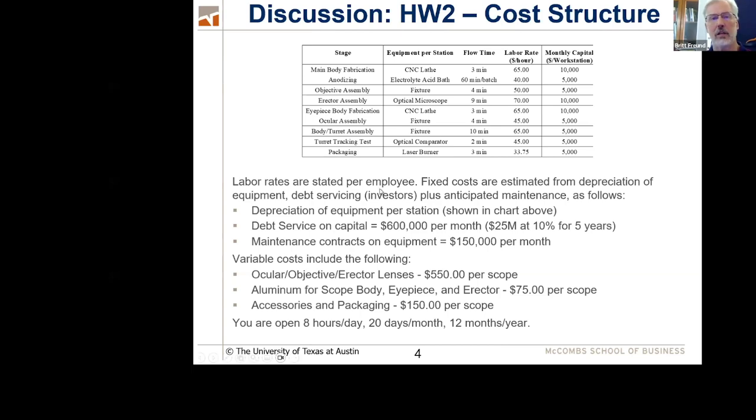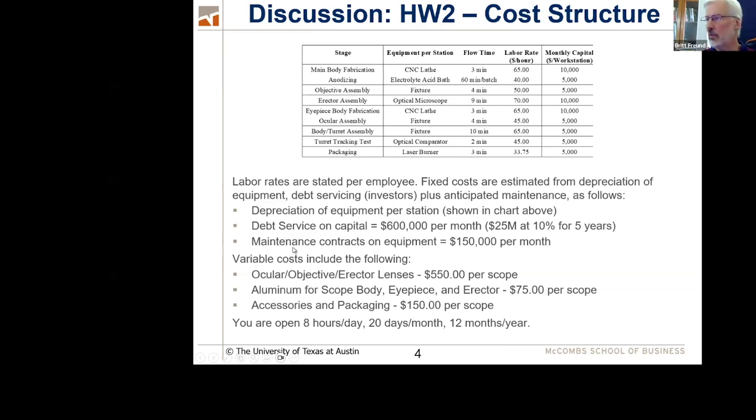In this case, it looks like it's $600,000 per month. Parenthetically, I told you where it came from. That $600,000 a month is what we owe for our debt obligation of $25 million at a rate of 10% paid out over 5 years. But this is unimportant because I've already given you the number. The amount is $600,000 per month.